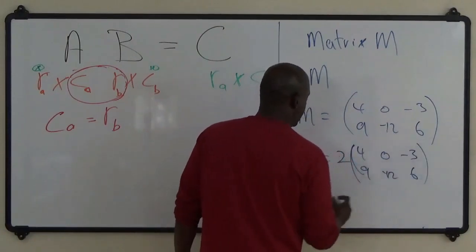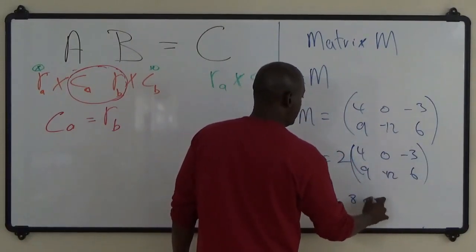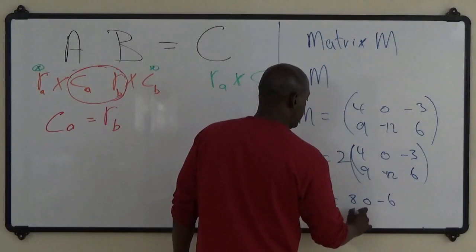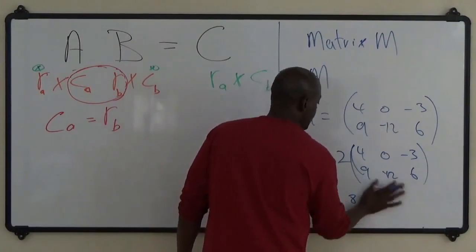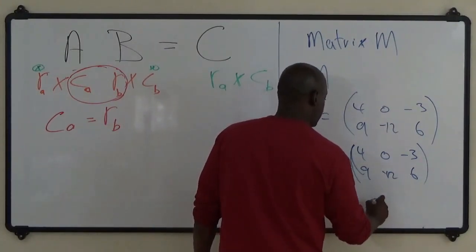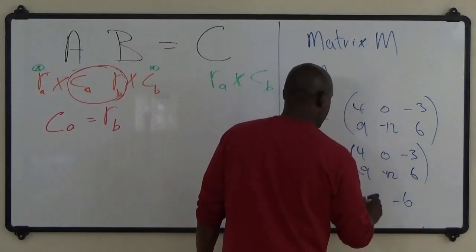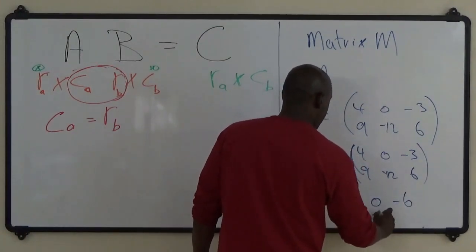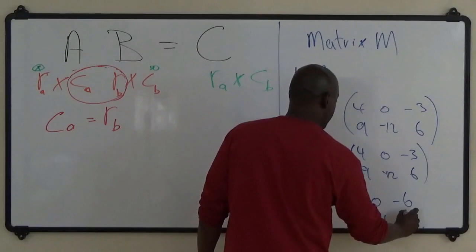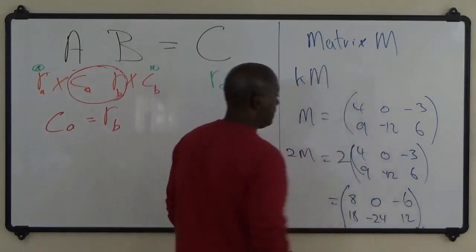In which case, 2M will be 8, 0, minus 6, 18, minus 24, and 12. All right?